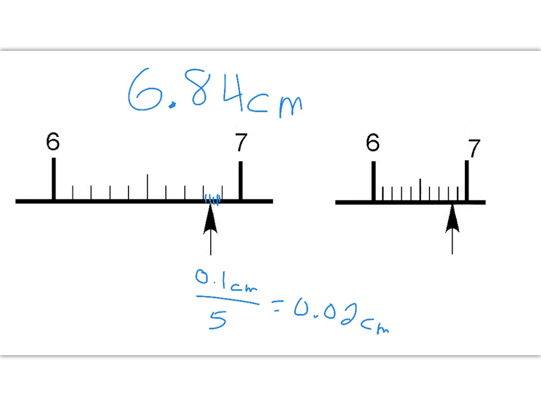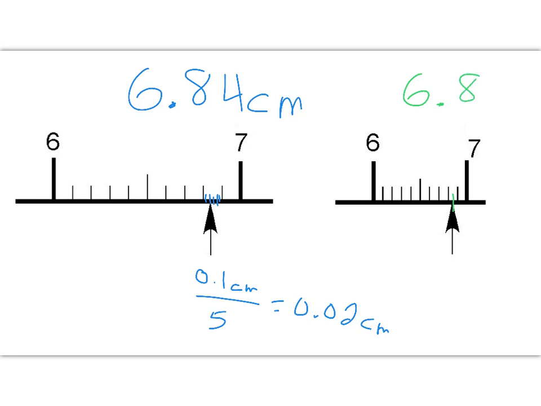If the lines are even closer together, another thing we can do is do even less. If you wanted to split it right down the middle, if the lines are really, really close together, this would allow us to say that it's 6.1, 2, 3, 4, 5, 6, 7, 8.